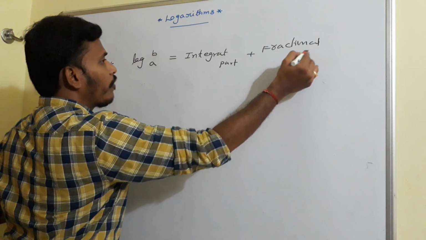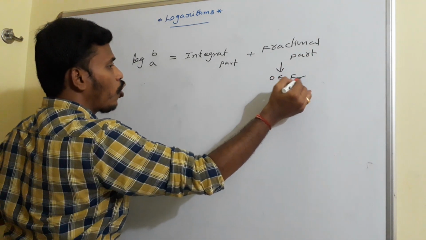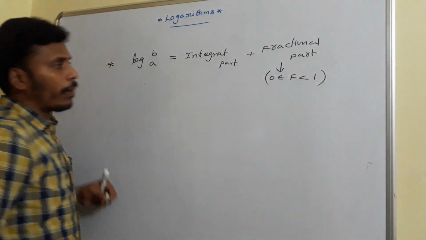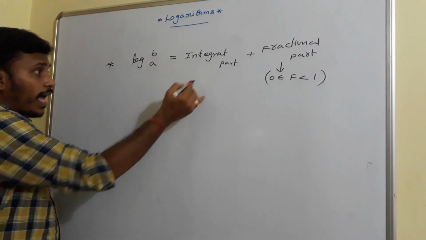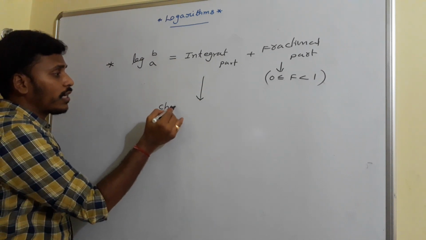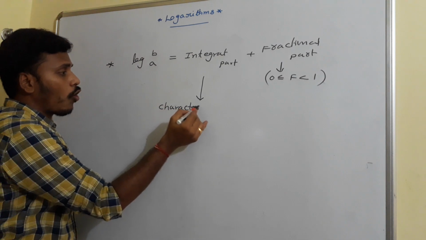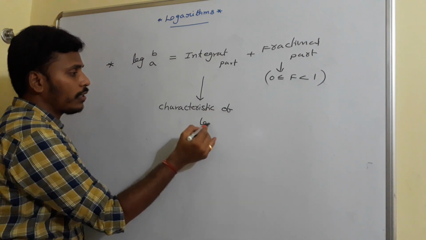And by the basic definition of the fractional part, this fractional part should be between 0 and 1. Maybe 0 but not 1, and always lies between 0 and 1. Now, the integral part of this log b base a is called the characteristic of the logarithm, the characteristic of log b base a.